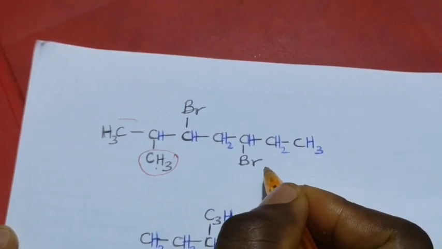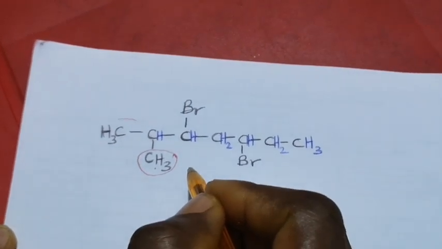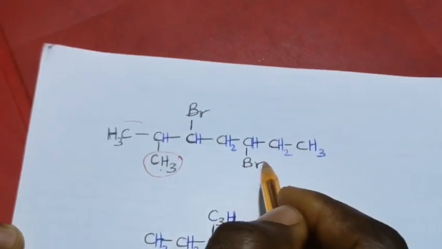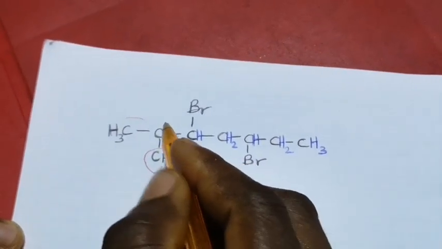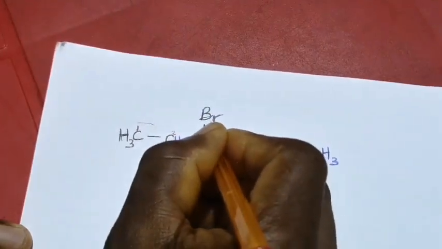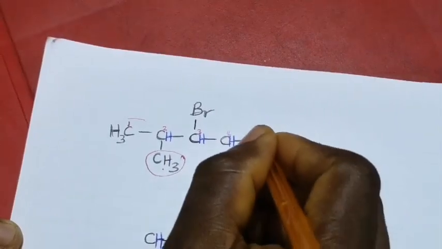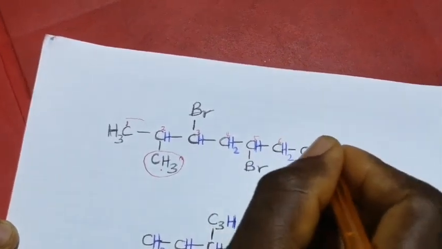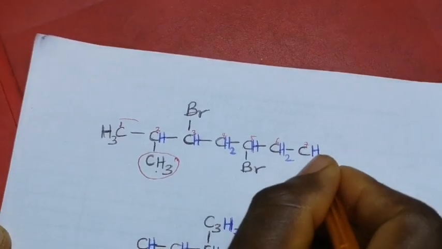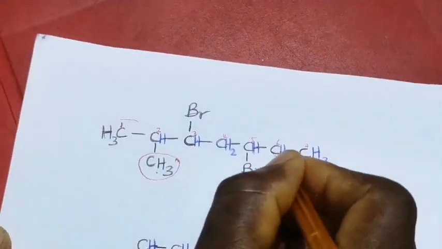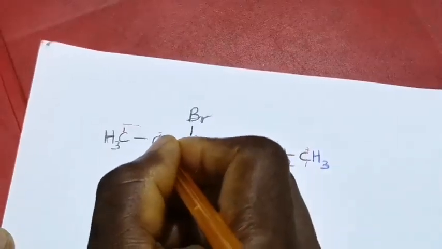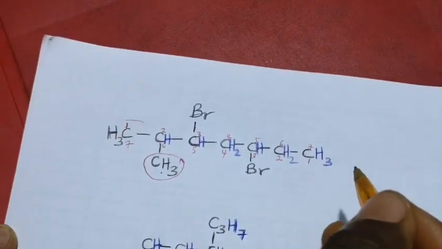We are going to number it from the end that will give the lowest possible number to these substituent groups. Okay, let's number from this end: 1, 2, 3, 4, 5, 6, 7.